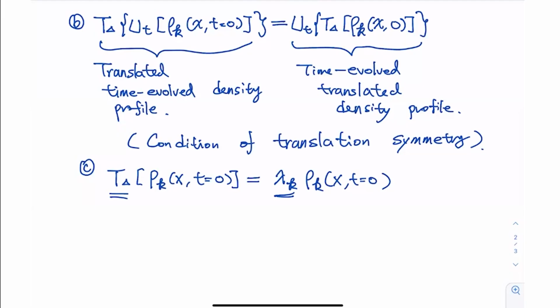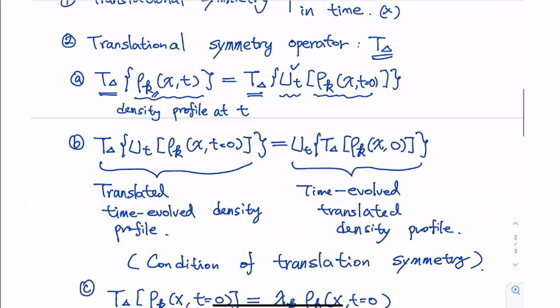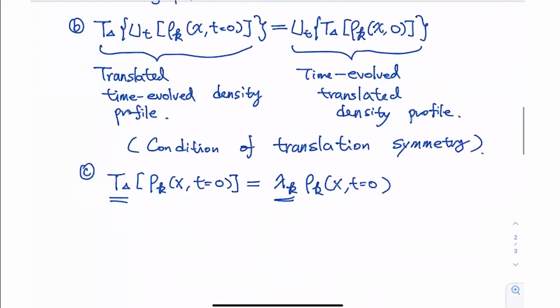So this k, if we write it in this way, is basically a label for the eigenvalue of the translation operator. The next step is combining this A, B, and C: why the Fourier method is going to be a useful method for our analysis.